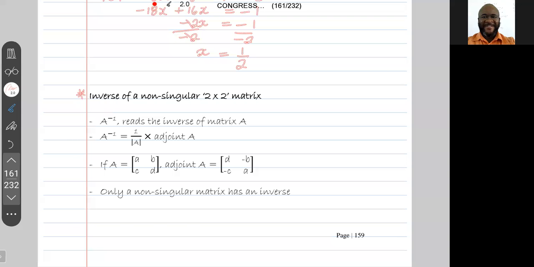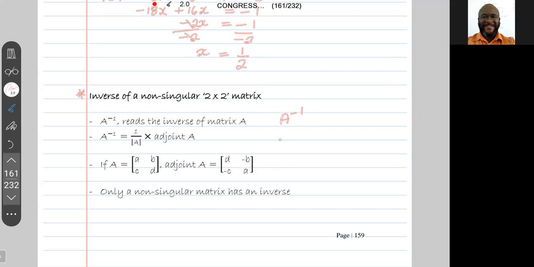All right, so let's talk about now the inverse of a 2 by 2 matrix. If ever you see this notation, this reads the inverse of matrix A, or you can say A inverse.